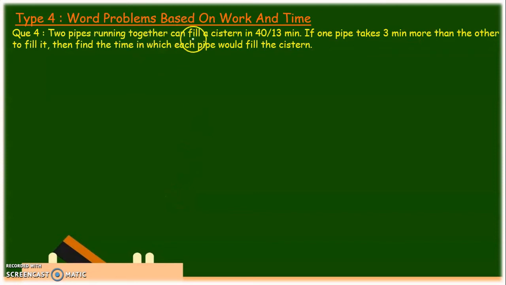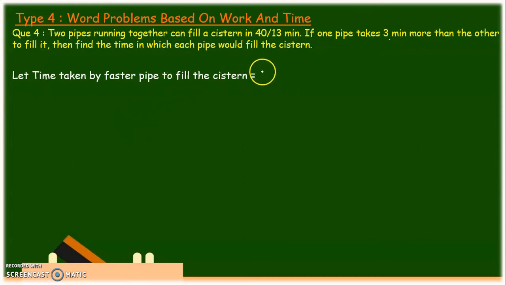Two pipes running together can fill the cistern in 40 divided by 13 minutes. And if one pipe takes 3 minutes more than another pipe to fill it, then find out the time in which each pipe would fill the cistern. So here first of all, let's assume the time taken by the first pipe to fill the cistern is, let's say, x minutes.